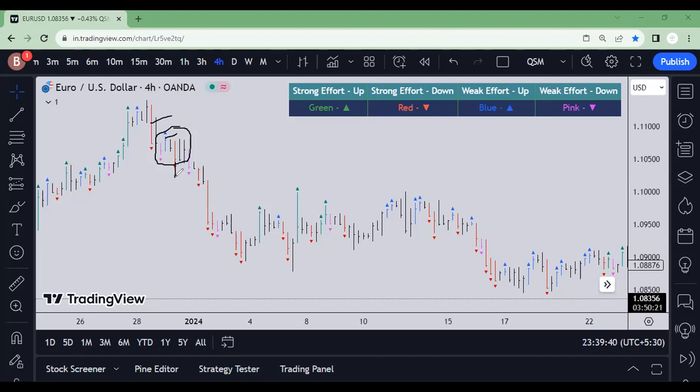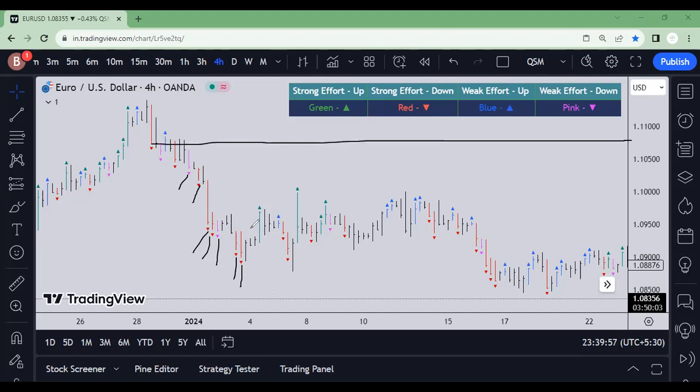And after that, we got strong selling, neutral bars, and then again weak selling, strong selling, weak selling, strong selling, weak selling. Then after this particular price, we got a strong buying bar, a strong effort to take the price upwards at this particular price.